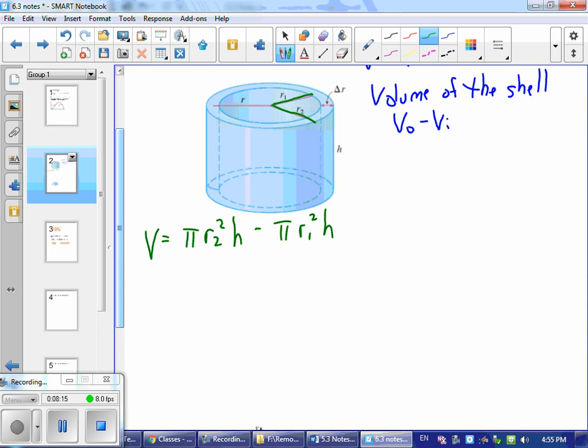All right, so using a little bit of algebra, we can factor out the pi. We can also factor out the h, but I'm going to put the h on the outside on the right-hand side. And what I have left over is r2 squared minus r1 squared.